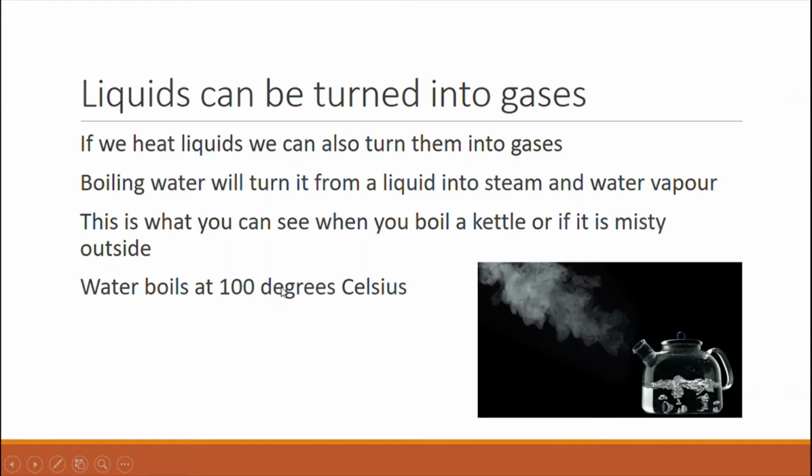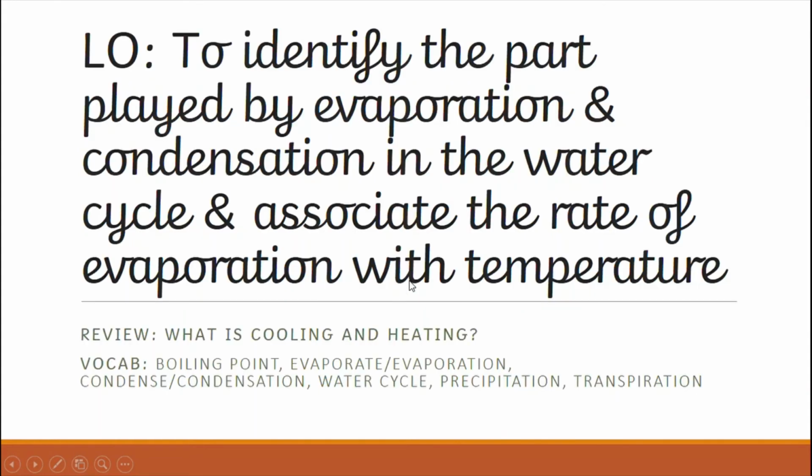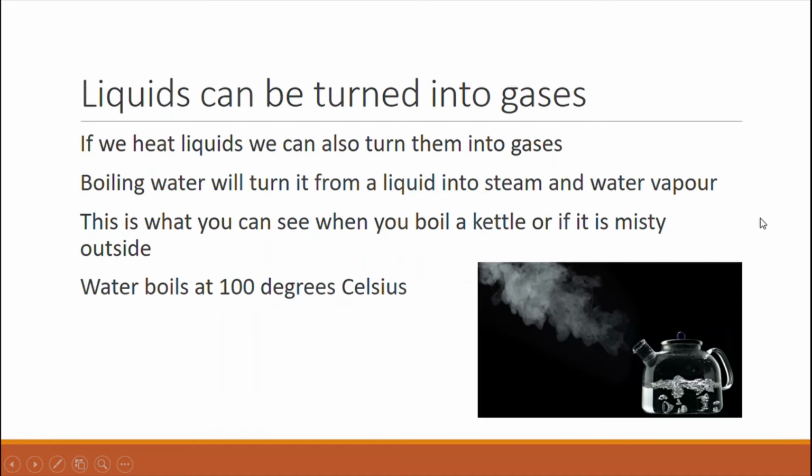And water boils at 100 degrees Celsius. Right, so that will be everything for today's lesson. So I'm going to show you your worksheet. But the key thing to take from this is, especially when it's water, even if it's a solid, liquid or a gas, the state of matter can be changed depending on whether we heat or cool it.